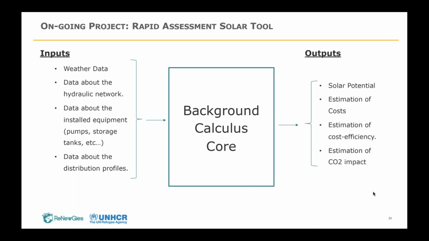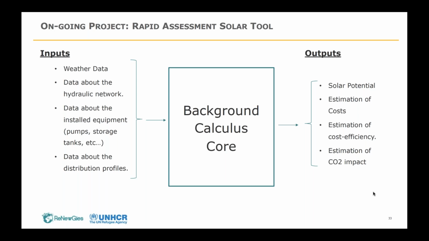The user will have to provide data about the hydraulic network in his camp and the installed equipment, because we are targeting mainly existing camps in order to rehabilitate them and to install solar power. Data about the water distribution profiles will be assumed by the calculus core, so as not to overburden the user with lots of data inputs.